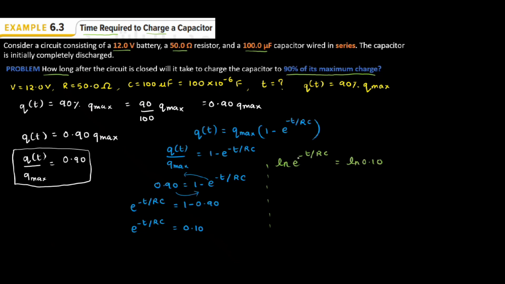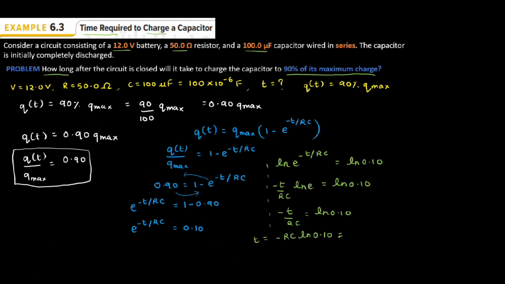The rule for the natural log of something raised to a power says that we can multiply by this power and just write -t over RC times natural log of e. Natural log of e is 1, so we get -t over RC equals natural log of 0.10. We rearrange this and write t equals -RC natural log of 0.10.